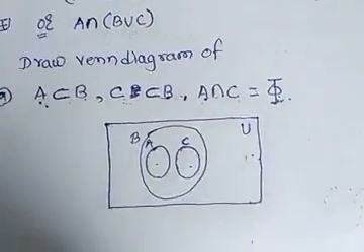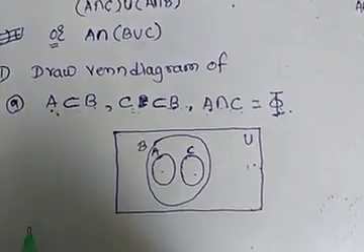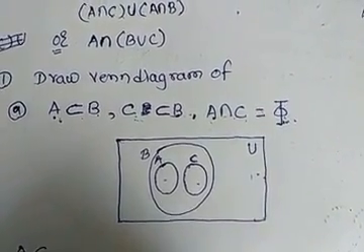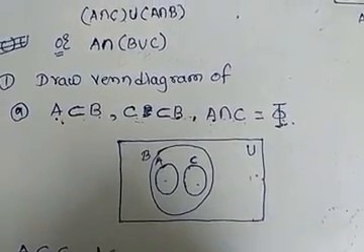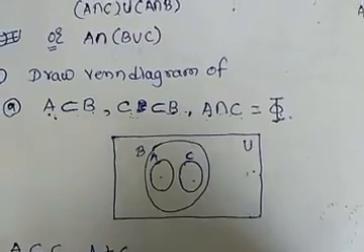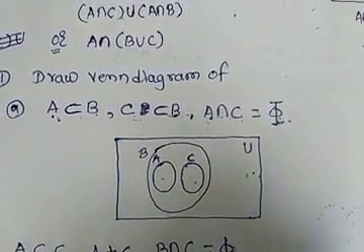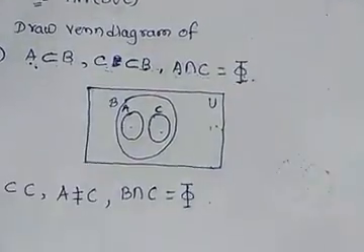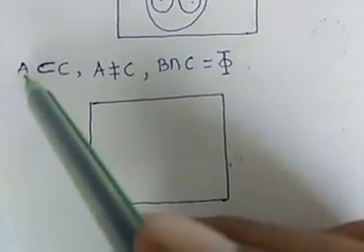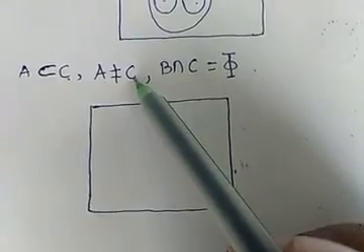Next, consider example number 2 of such type, which is given as A contained in C, A is a subset of C, that is A is not equal to C, and B intersection C is equal to empty set. Here A is contained in set C, and sets A and C are not equal.